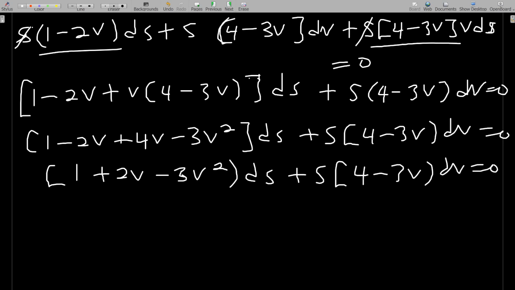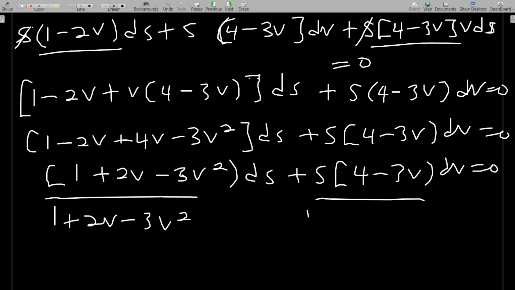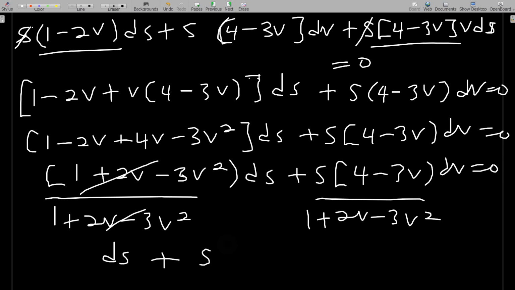Okay, now I realize that when I divide through by this 1 plus 2v minus 3v squared, divide here by 1 plus 2v minus 3v squared, I can take this out, and I'll be left with ds plus s into, okay, let me actually write it on a different page.